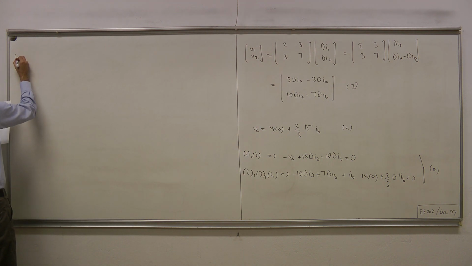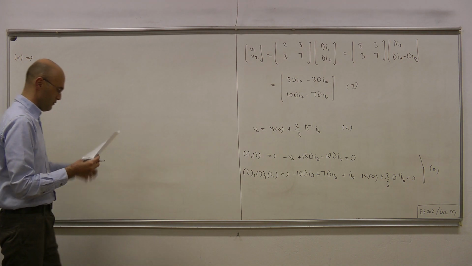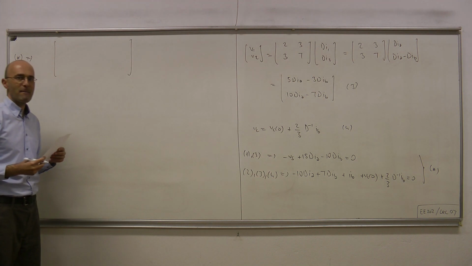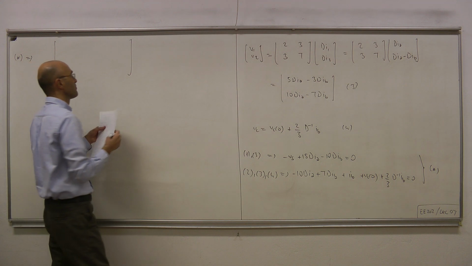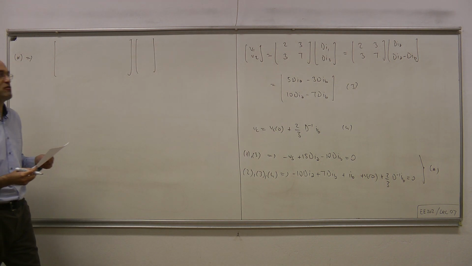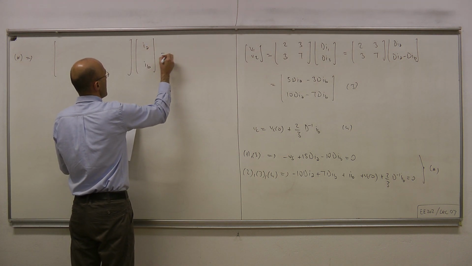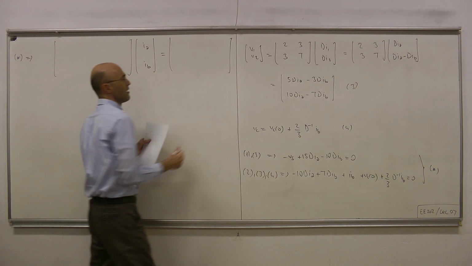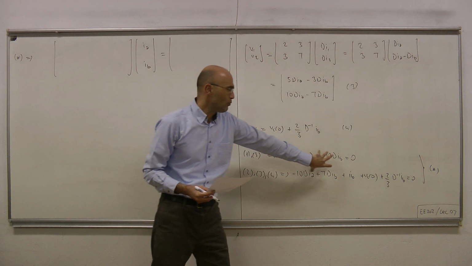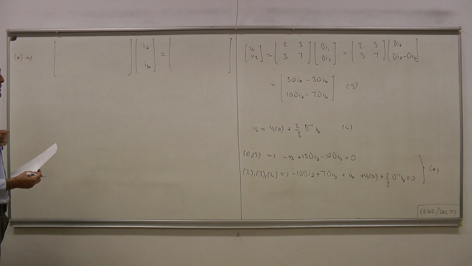So let's therefore put this set of equations star into their final form, which is some matrix whose entries are functions of operator D multiplying or operating on our formulation variable vector, which in this case is IA, IB, and that equals the right hand side. And the right hand side is whatever remains once the formulation variables are removed from our mesh equations.